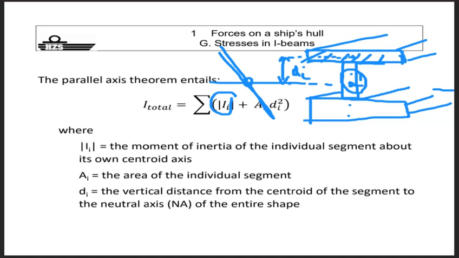Yeah, and you only have to take into account the top and the bottom flange when it's perfectly symmetrical. And you sum them all up. You just make a sum of all. And that is your resistance against bending, the area moment of inertia of the entire structure, which in this case is an I-profile beam. Yeah.